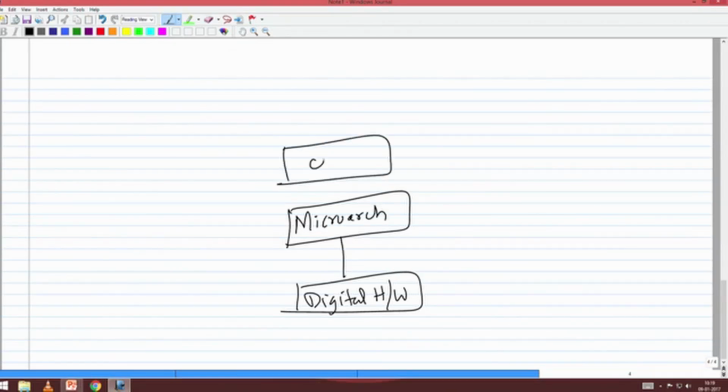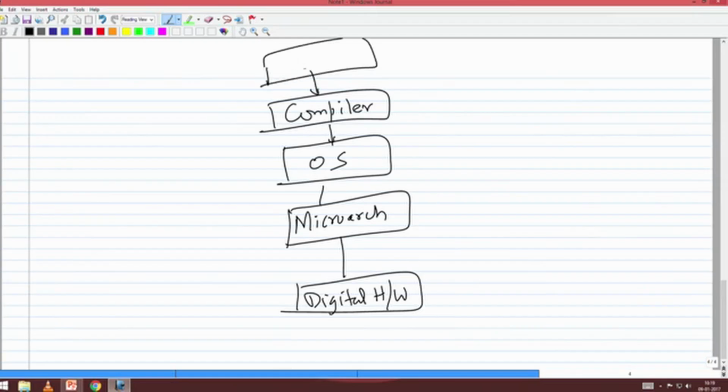On top of it is the operating system, then the compilers, then your application software. So there are at least 5 levels that you need to study to understand the system. Correct?